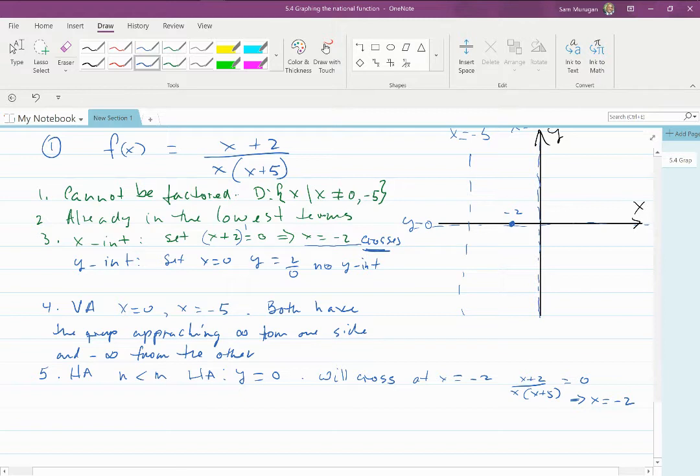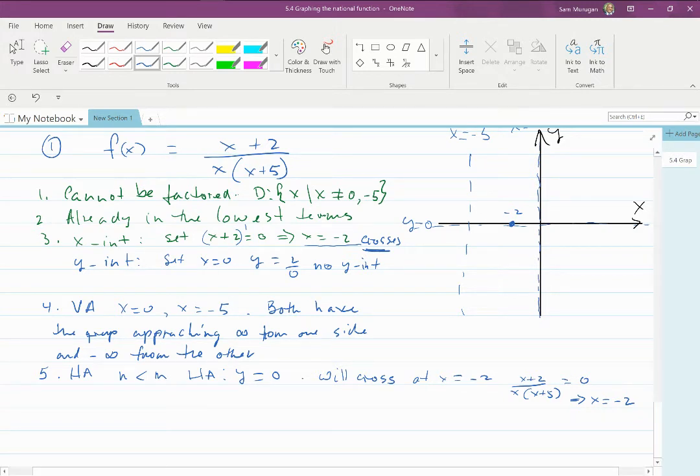So if we look in the middle of this graph here, I'm going to draw one scenario. This graph can do this, okay? Or it can do this. Because it's going to alternate on either side of the two vertical asymptotes.